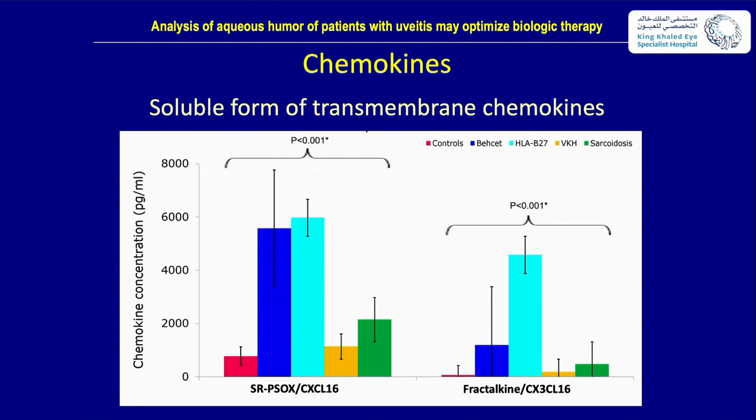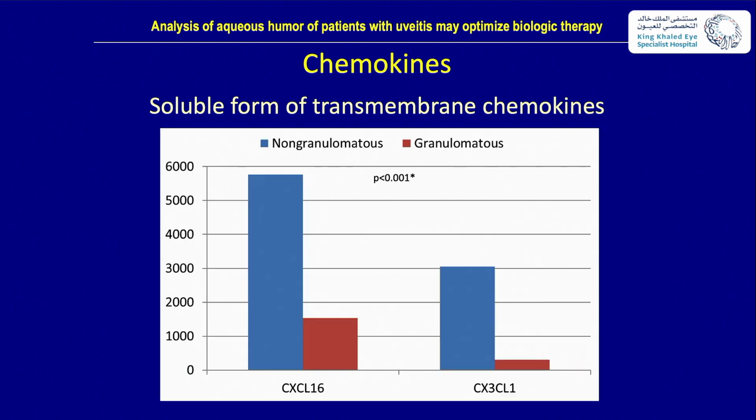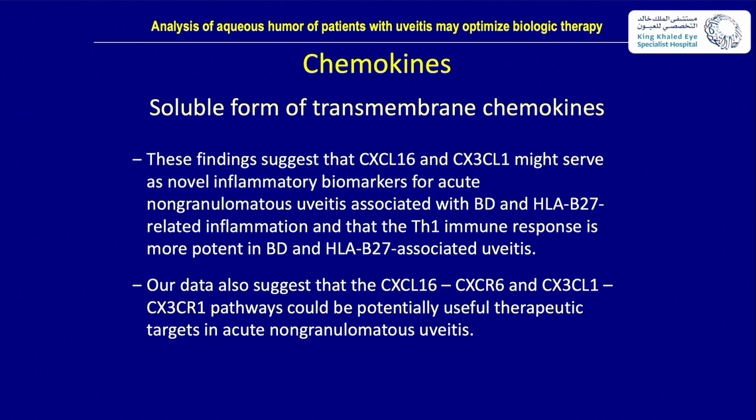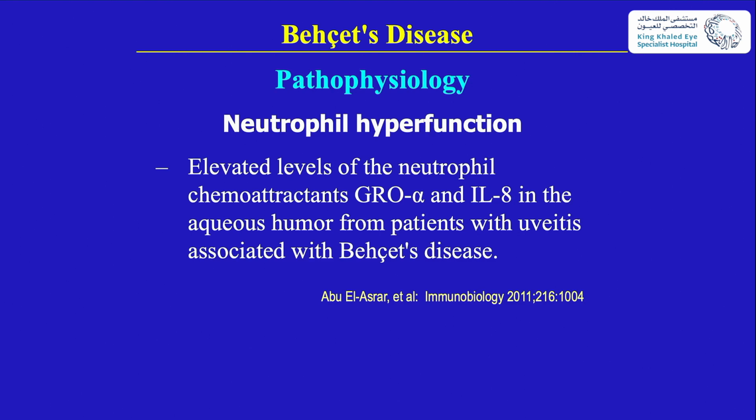So to summarize, patients with Behcet have higher levels of chemoattractants for neutrophils, for T helper 1, and also for tumor necrosis factor alpha. So our patients with Behcet disease have neutrophil hyperfunction.